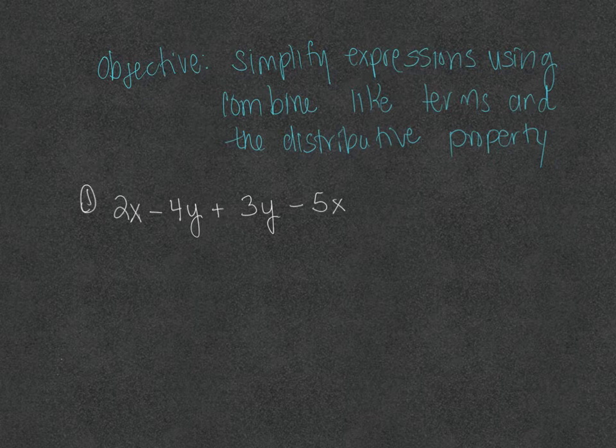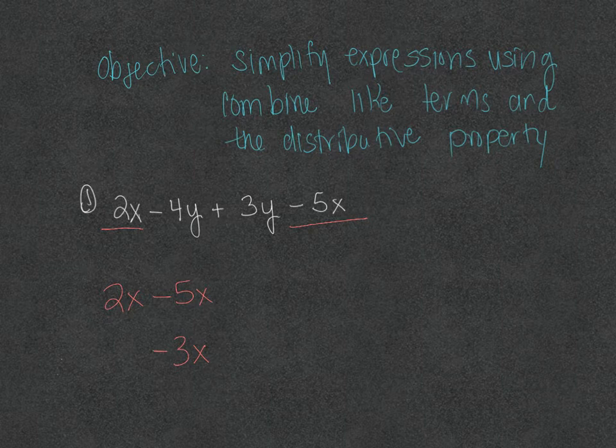So looking at what we have here, when I go to look at the like terms, what I notice is that I have x's and y's. Out of the four terms that I have, a positive 2x and a negative 5x, combining those would make a negative 3x.